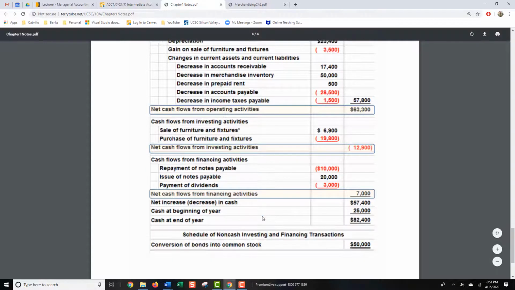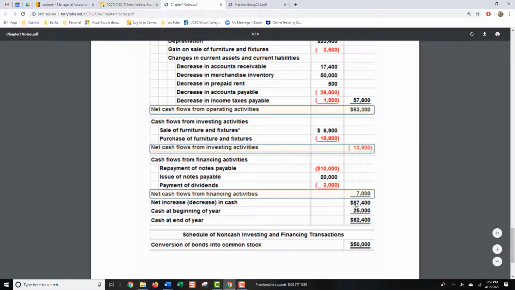What it does is prove that your cash at the beginning of the year, in this example, started at $25,000 and ended at $82,400. So the change from 25 to 82,400 was explained.